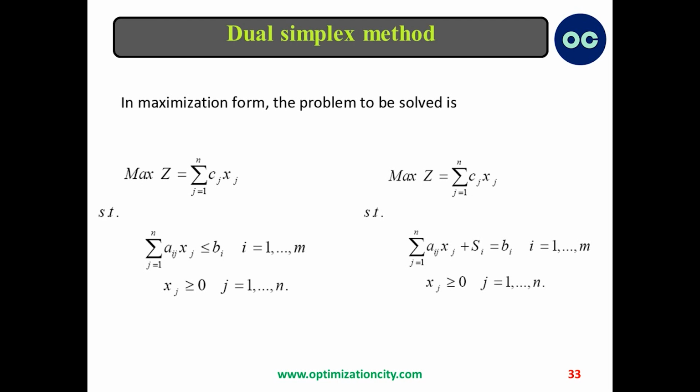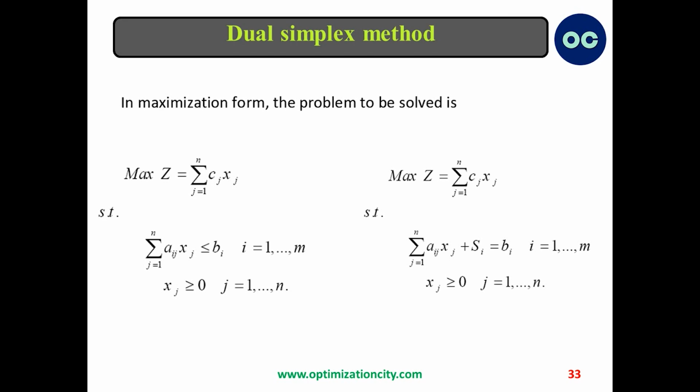As you remember, in the second course, we discussed the Big M method for solving the linear model with artificial variables. So it's very difficult. In this case, you can use the dual simplex method.